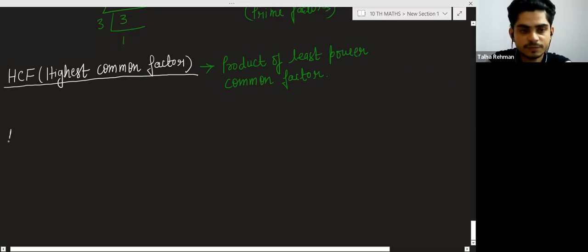And there is one more term, LCM, lowest common multiple.